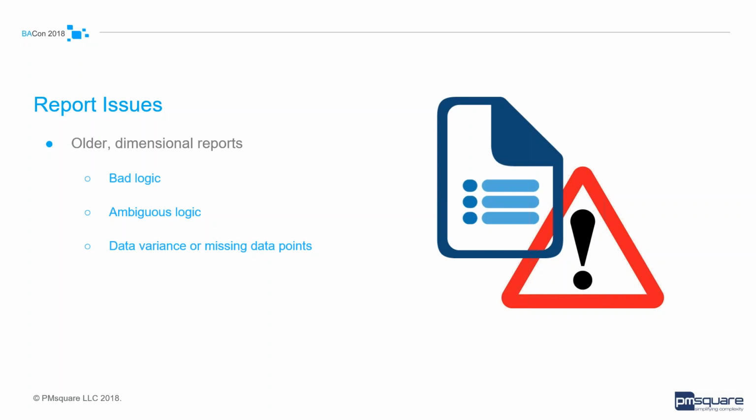We're going to take a look at two sets of issues. Unsurprisingly, one side is reporting, and another side is the framework side. A common thread that we've seen from both sides is that older reports and older models tend to have more issues. That makes sense.